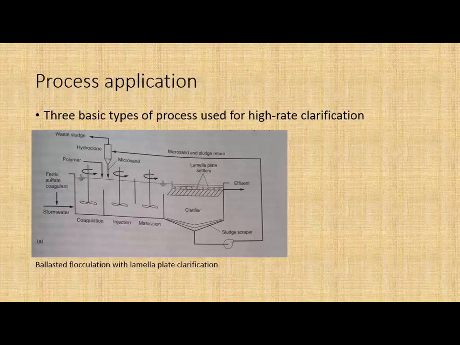You can see, the first one is called ballasted flocculation with lamellar plate clarification. This one employs a proprietary process, in which a flocculation aid and ballasting agent are used to form dense microfloc particles.